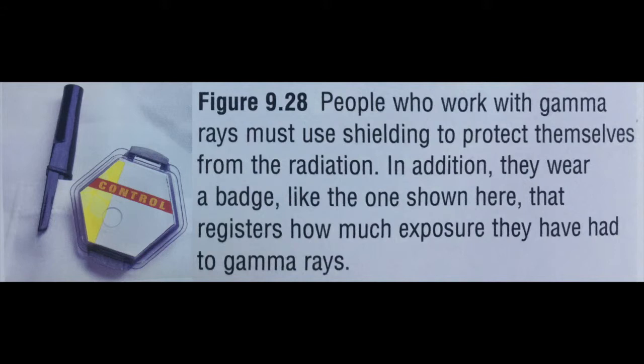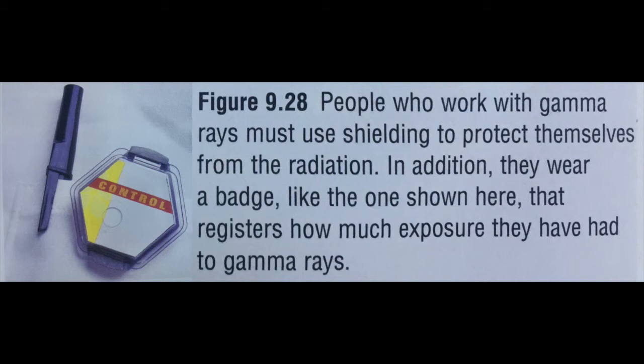Figure 9.28. People who work with gamma rays must use shielding to protect themselves from the radiation. In addition, they wear a badge, like the one shown here, that registers how much exposure they have had to gamma rays.